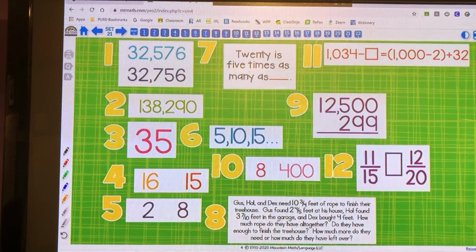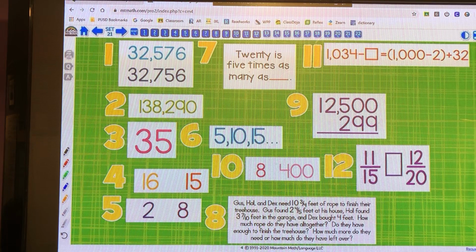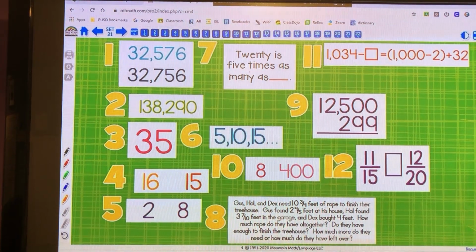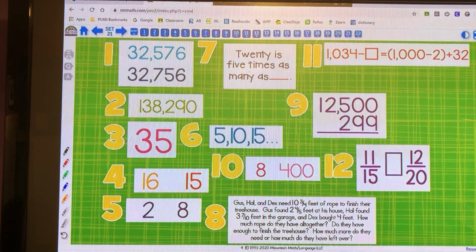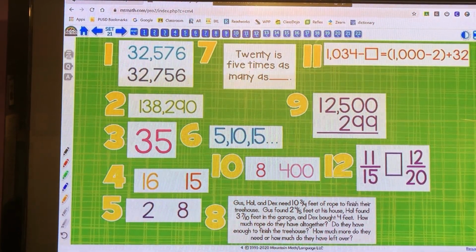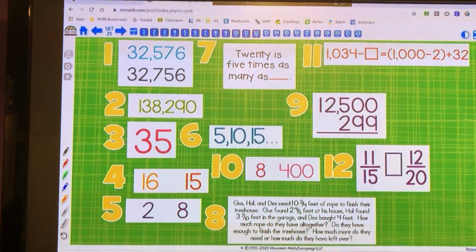Then we have Hal, and Hal has 3 7/10 feet in the garage, and our buddy Dex. Dex has exactly 4 feet of rope.